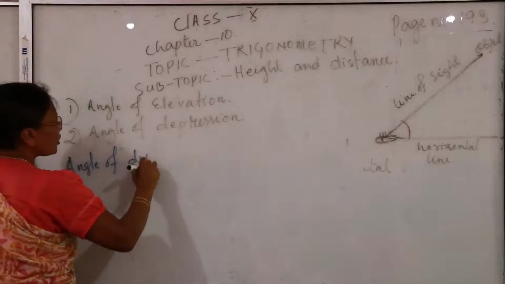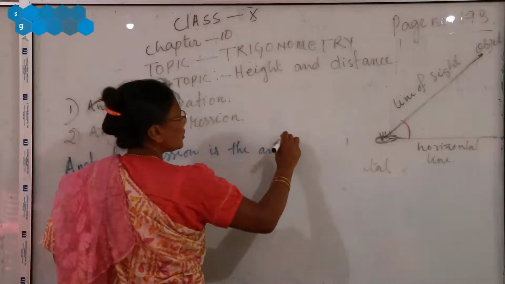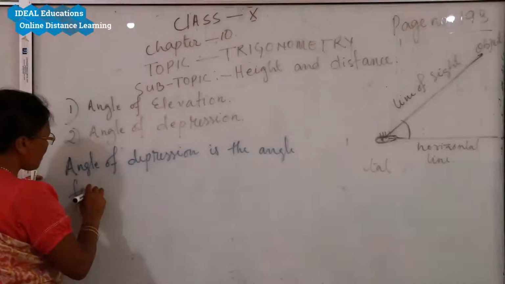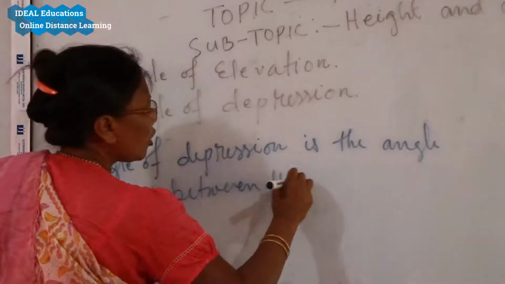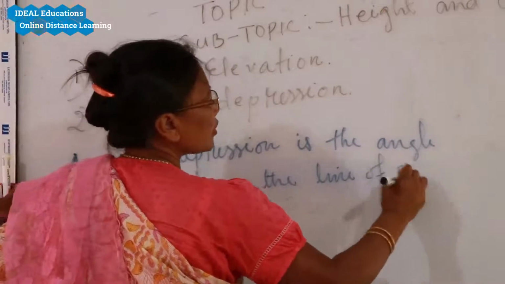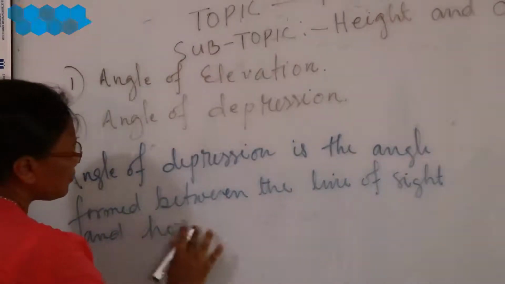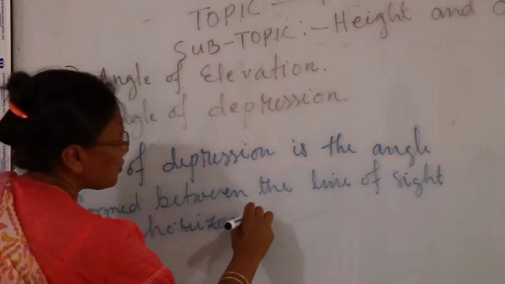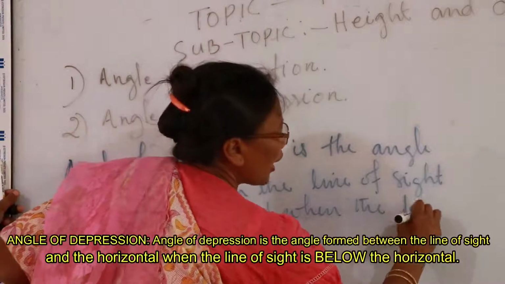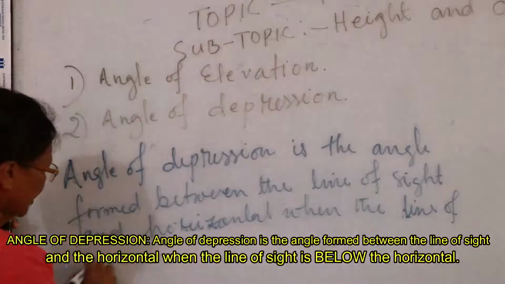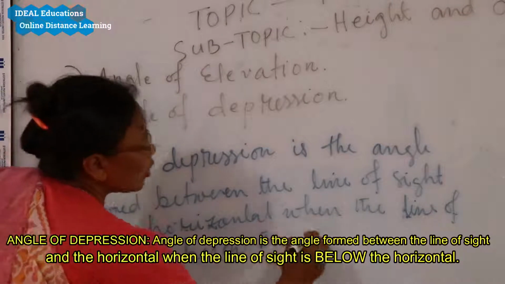Angle of depression is the angle formed between the line of sight and horizontal when the line of sight is below the horizontal.